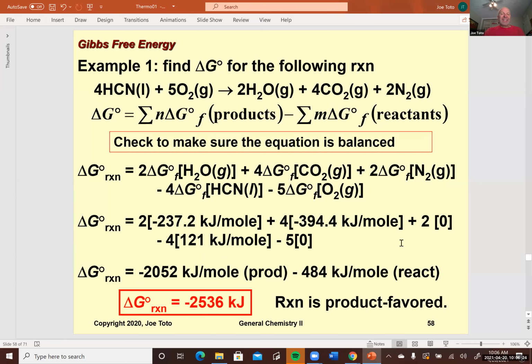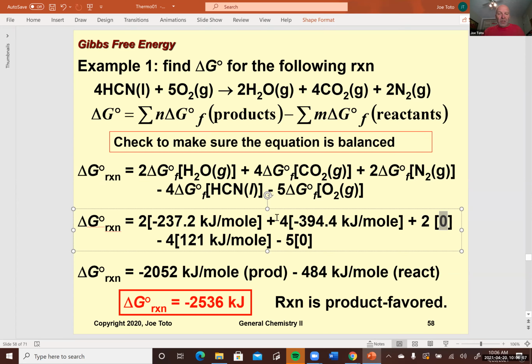All right. Here's an example of how to use those tables. So in those tables, you would look up the delta G of formation of the products, multiply them by their stoichiometric coefficients, and add them all up. Know that, again, just to remind you, that nitrogen gas, that's in its standard state, so that's going to have a delta G of formation of 0.